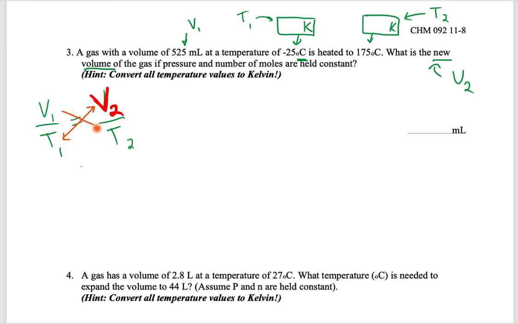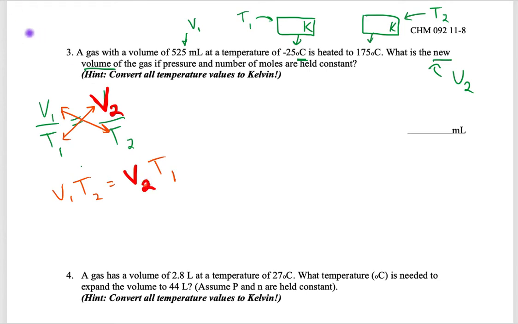Cross multiplying means you're multiplying the numerator on one side by the denominator on the other side. And notice what happens when you do this: you get rid of the fraction, you get everything on the same line, and that finally allows you to solve for V2 in this expression.